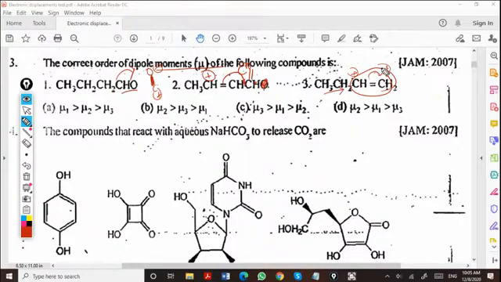So the oxygen-attached systems will have more dipole moment, and even if it is conjugated, its dipole moment is going to increase, so that the anions and cations that are generated will be stabilized. So mu2 will be the maximum, then mu1, then mu3. Option D is correct.